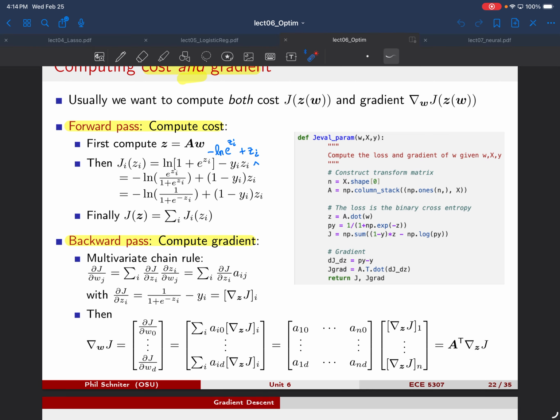And we got, at the end of the day, a pretty clean way of implementing this. And we coded that in this function. And so this is a function that computes both the cost J as well as the gradient. And this function we need to call once for every gradient descent update.